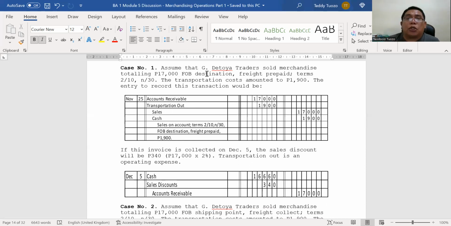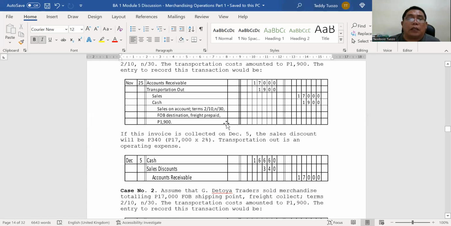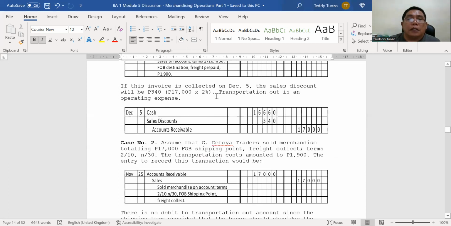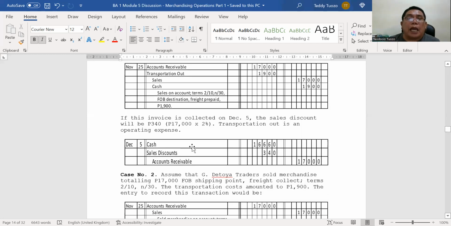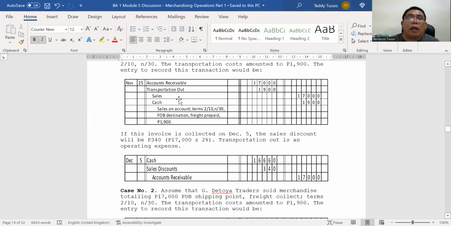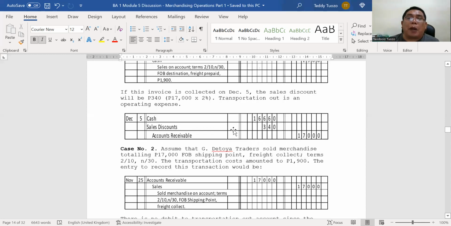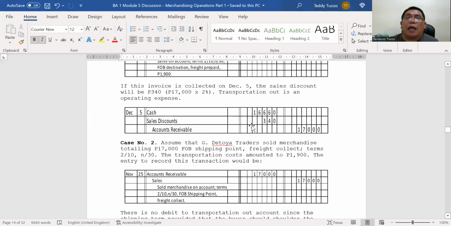So whatever transportation cost should be treated as transportation out. The discount is also shown here. So when payment is made, when the 3,000 and 17,000 are collected, the transportation out would not be part of the account of the buyer.